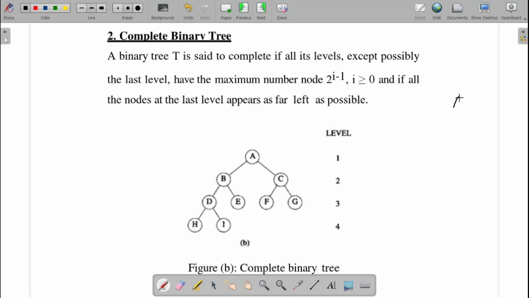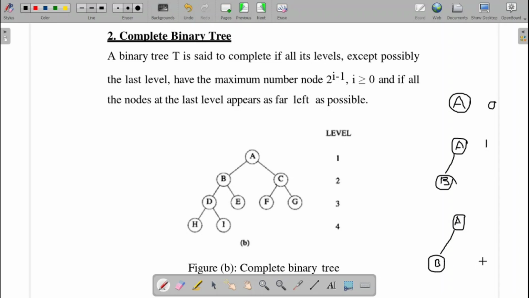If I take an example, a single node is an example of no child, that is, the number of children is 0. Next, if I have a single child, A has one child, that is B. The next one, A will have two children, let it be B and C.